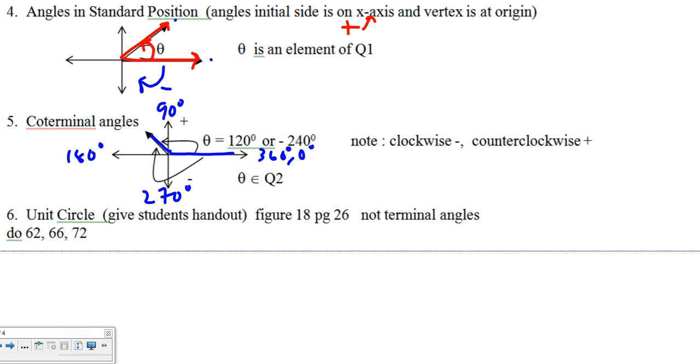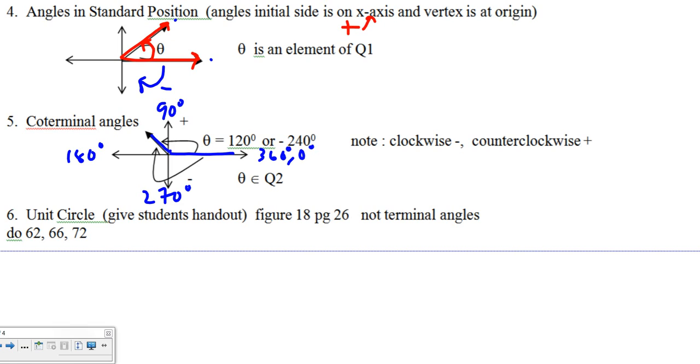Well, how much more? It's going to have to be the amount more such that the absolute value of both of those angles is equal to 360 degrees. The absolute value of your new angle plus the original angle has to be 360. So you can see what number plus 120 is equal to 360. That number is 240. However, you're in the negative direction.